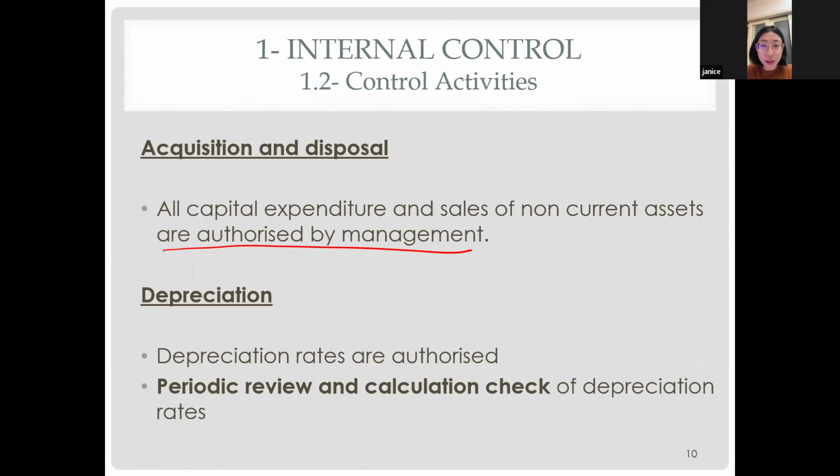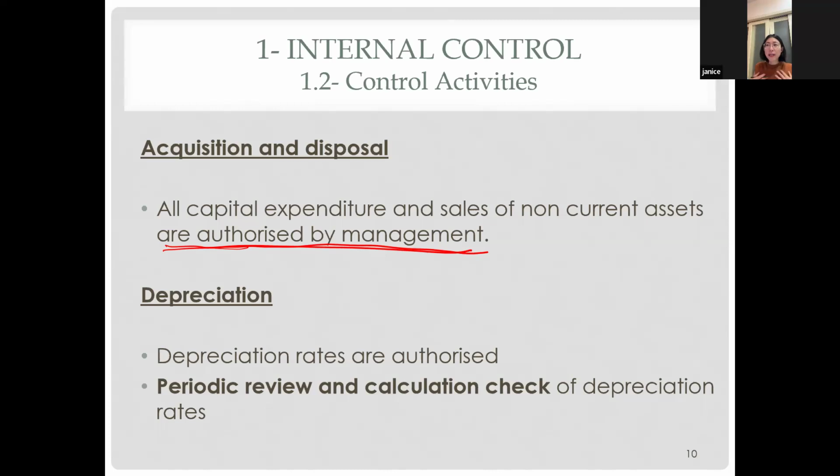When we're the auditor, if we want to check if it's properly authorized by management or not as a test of control, how do we do that? The client tells you, we make sure that every time we buy a new non-current asset, so this year we bought 3, the computer, the cutting machine, and the Excel machine, they have been properly authorized by the management.